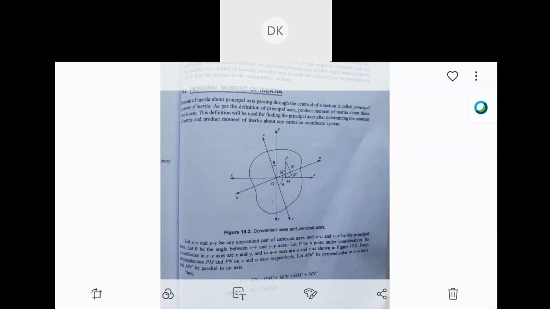See here. Here also we are considering a particular area. In that particular area, we draw the x and y axes, and u and v is the principal axis. Please remember that x and y axes are the Cartesian axes, and u and v is the principal axis.